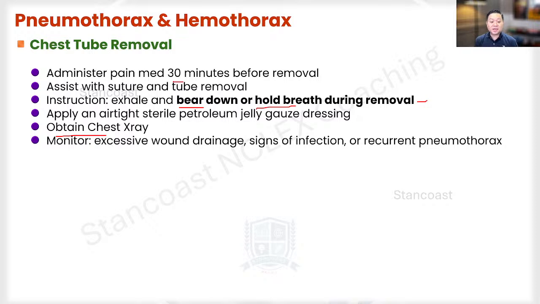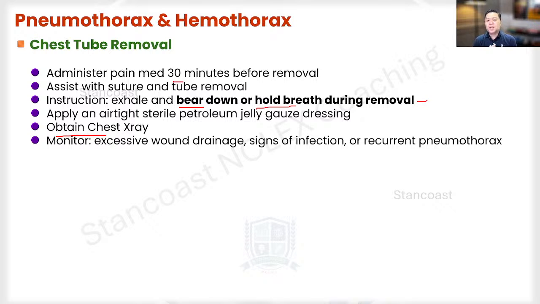Well, the presence of the bubbling, the presence of an air leak, and make sure you know where to look for these things. So if you are concerned about the air leak, you definitely need to focus on the water seal. Same thing with the bubbling. If you are worried about the bubbling, look into the water seal, not into the suction chamber or the drainage chamber. Look into the water seal.